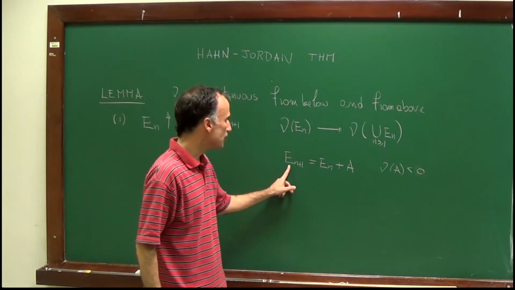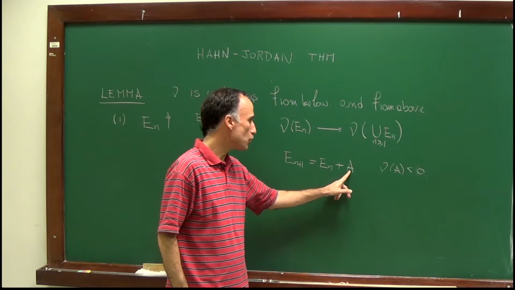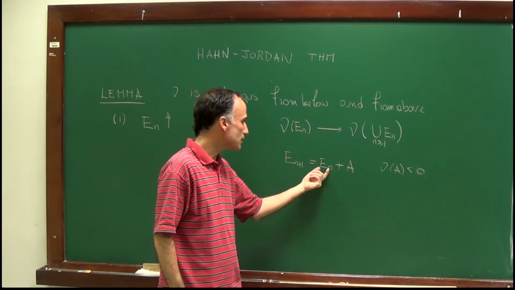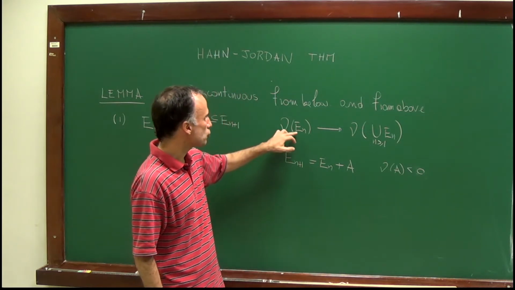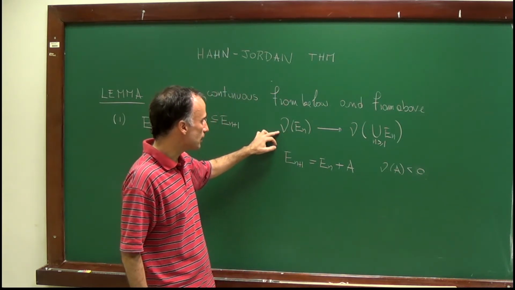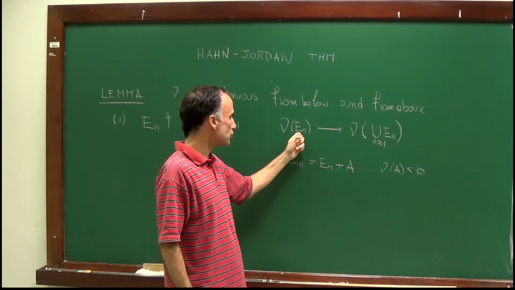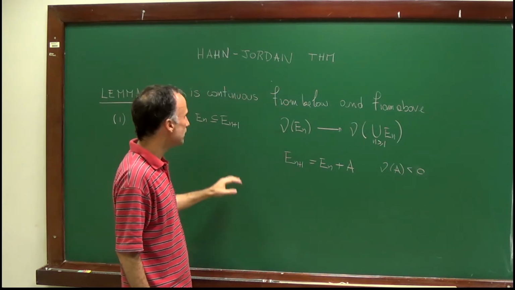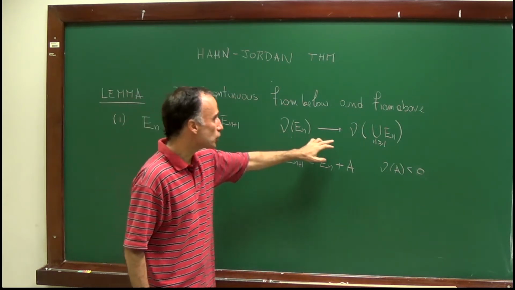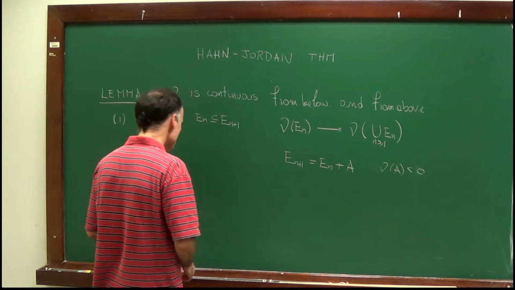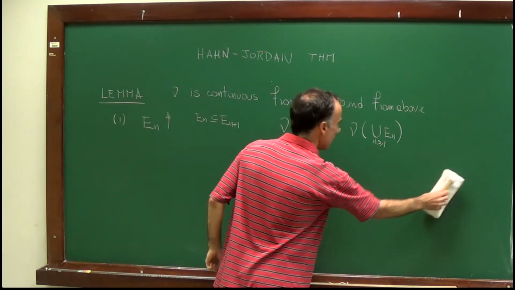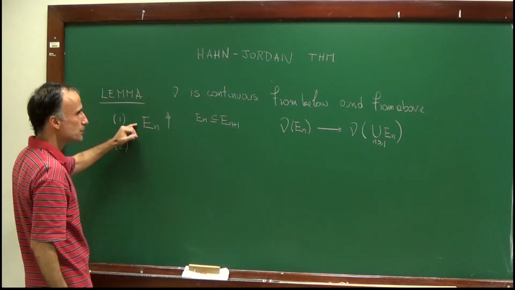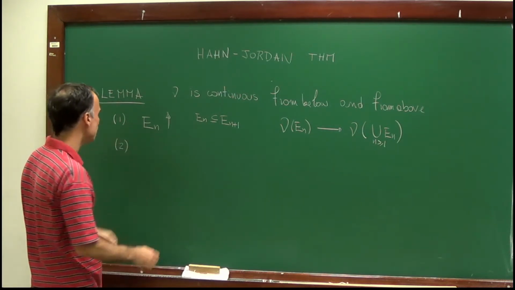Of course nu of En plus 1 is equal to nu of En plus nu of A, but nu of A is negative, so the measure of En plus 1 is smaller than the measure of En. So now that nu is taking real values, it's not true anymore that the sequence is increasing, but what we claim here is that nu of En converges to nu of the union. And so this is the definition of continuity from below.